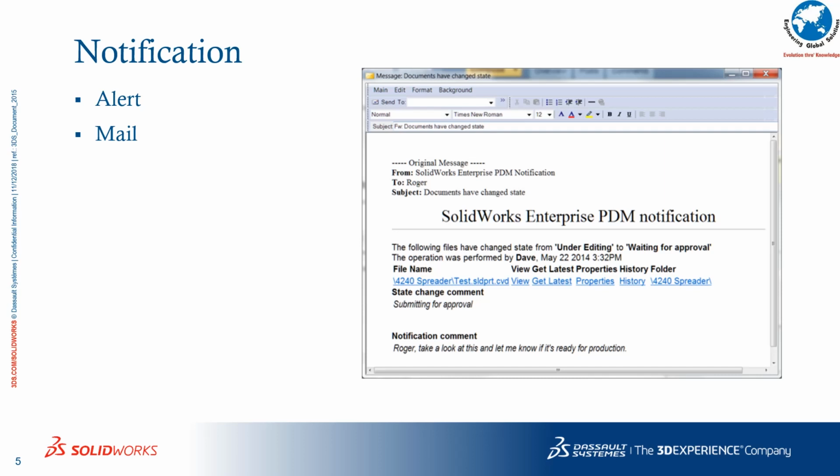It will provide in detail which file moved from which stage to which stage, and it will also provide who performed their task and at what time. It keeps a hyperlink of that file, so the user can directly access the file through the hyperlink. No need to browse for the file.